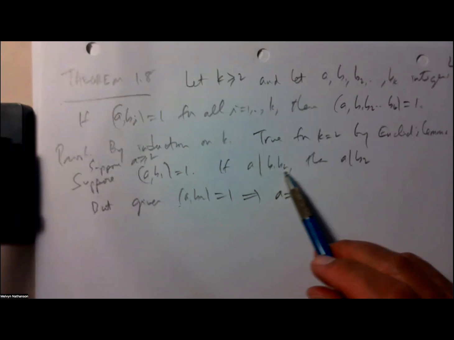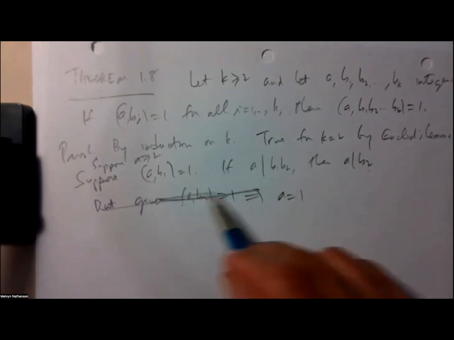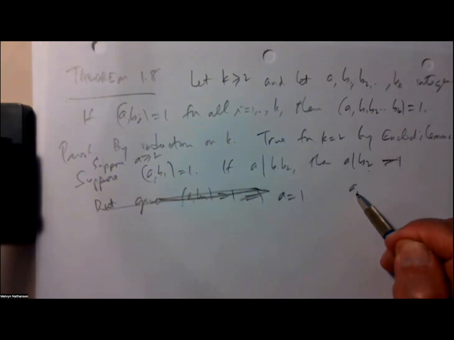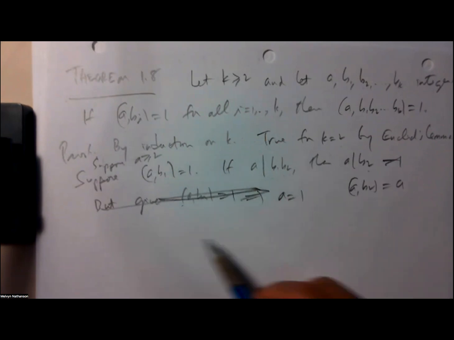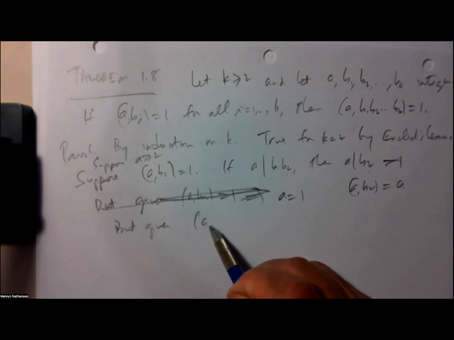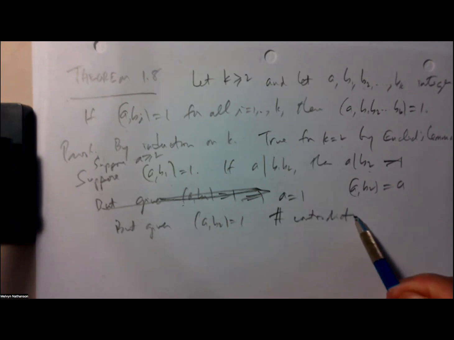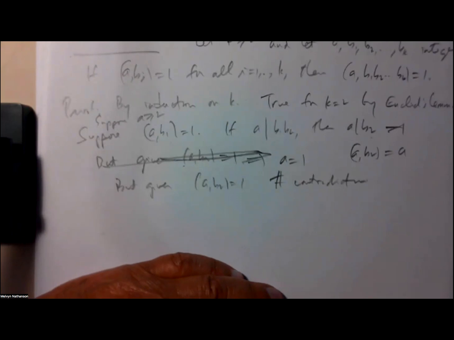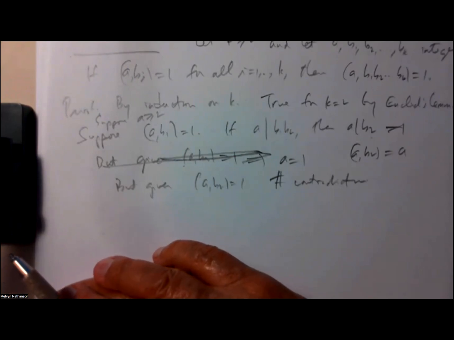If A divides B1 B2, then A divides B2, but that means the greatest common divisor of A and B2 is A. But we're told that A and B2 are relatively prime, and that's a contradiction. So the case for k equals 2 is just an alternate formulation of Euclid's lemma.